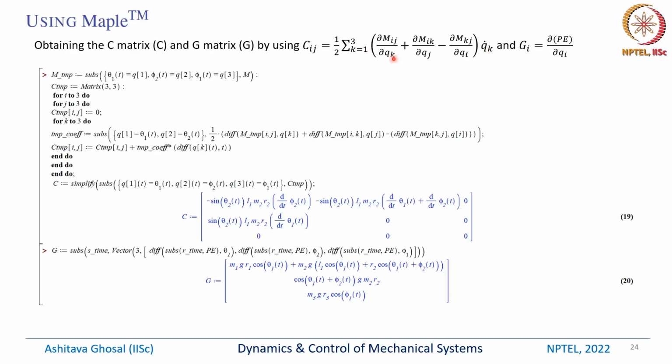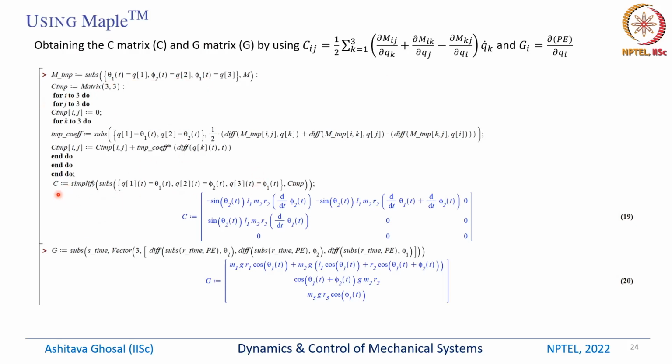And similarly, we have all these partial derivatives of the elements of the mass matrix with respect to Qk, Qj, Qi multiplied by Qk dot, summed over k equals 1 through 3, because now there are 3 of these elements. Q is 3-dimensional.